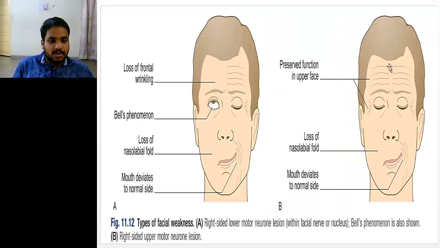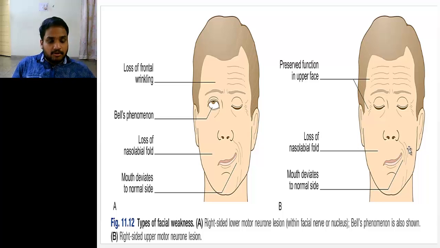You can see in this diagram, this is the upper motor neuron lesion of the right. So with the upper motor neuron lesion, the right side of the face is involved. You can see the right side upper face is preserved, right? The wrinkling is there, wrinkling is normal, while in the lower face there is loss of nasolabial fold and there is deviation of the angle of mouth to the normal side.